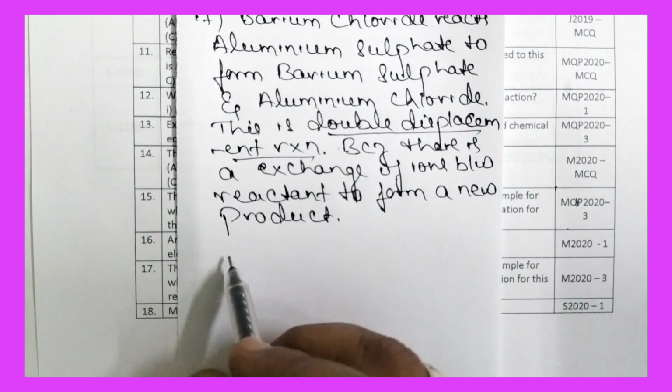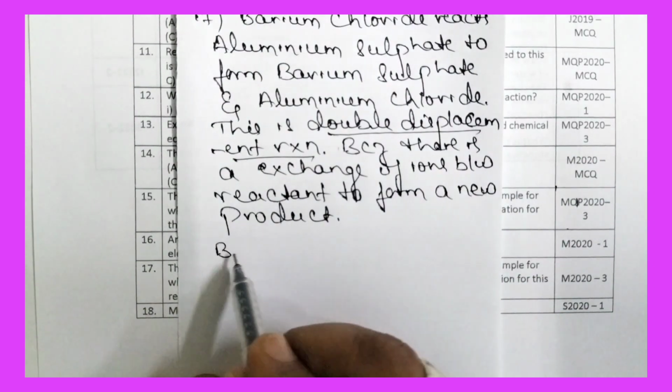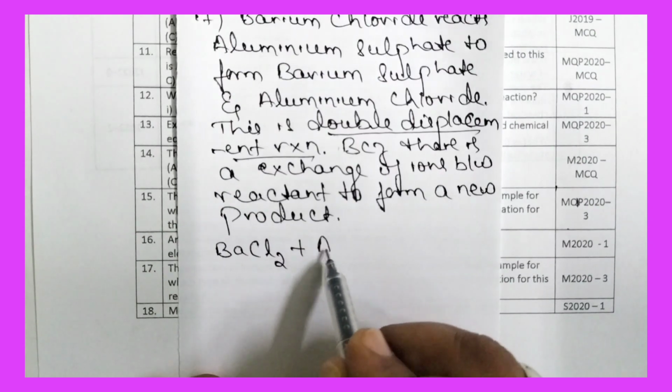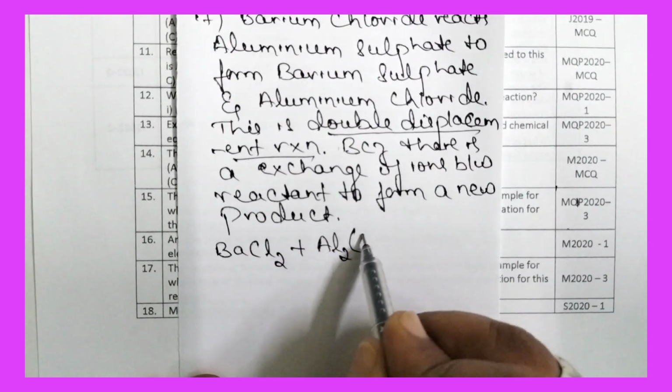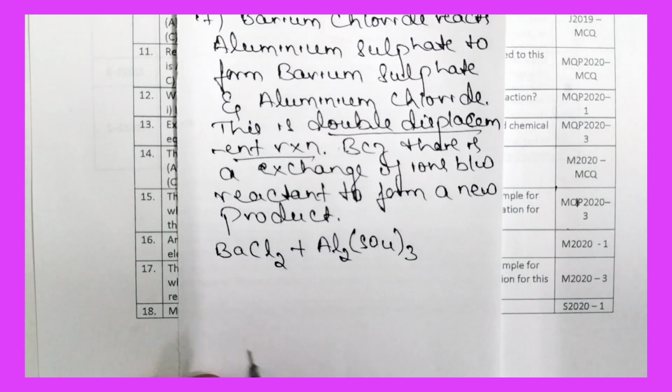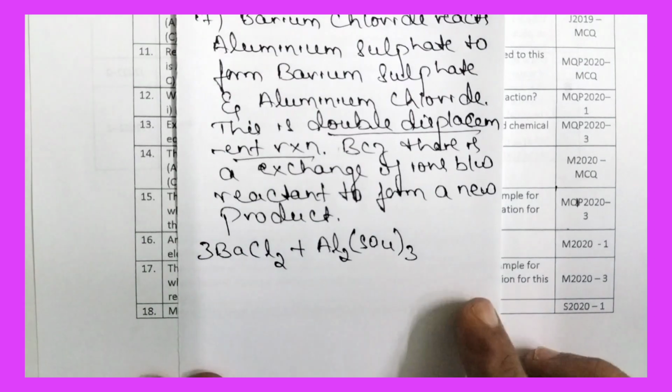So let us write barium chloride BaCl2 plus aluminium sulfate Al2(SO4)3, taken thrice, 3BaCl2.